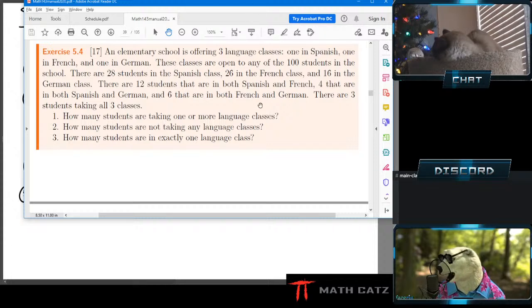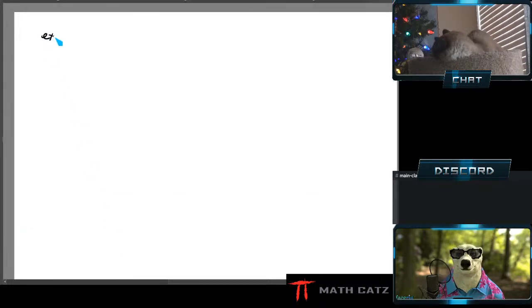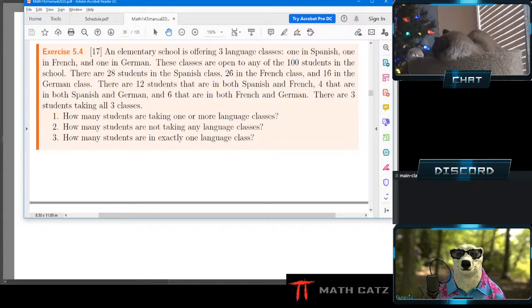Figure out what my sets will be. Hopefully, people have noticed, if nothing else, there are three languages in question. I'm going to need three sets. Let, I guess, what's the first language? Spanish.